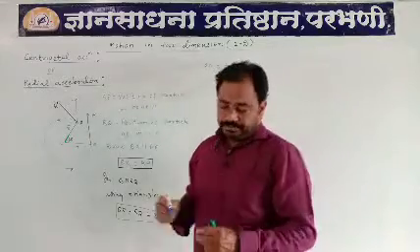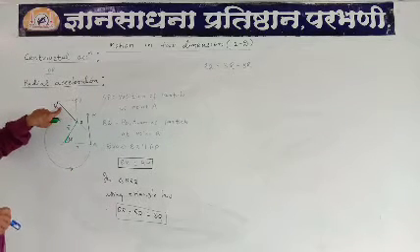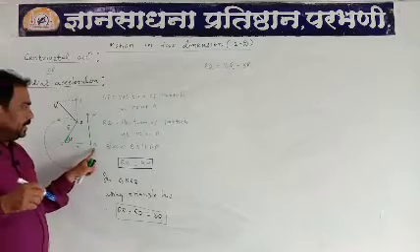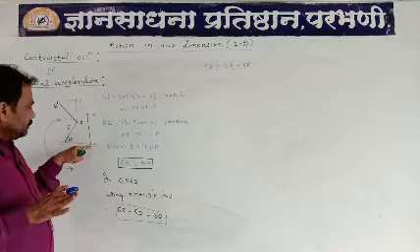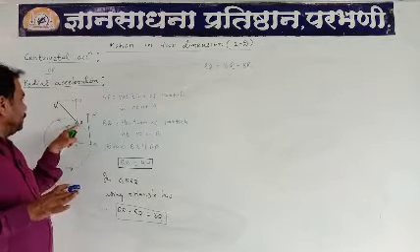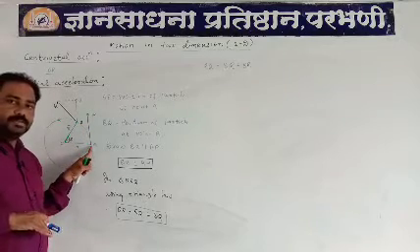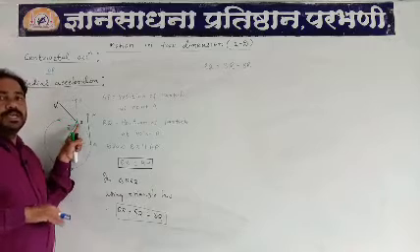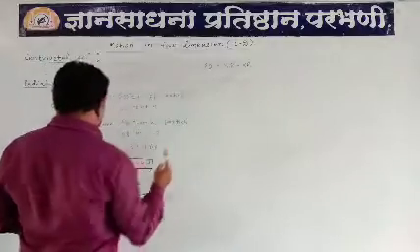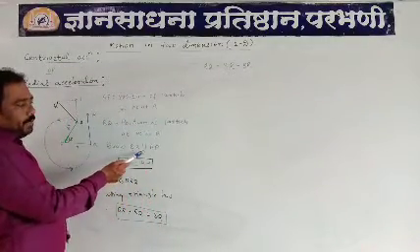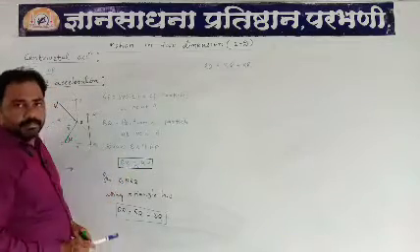What is BQ? BQ is the final position of the particle. When the particle is at point A, AP stands for the initial position. And when the particle goes from A to B, BQ stands for the position of the particle at point B. So this one is the initial position and this one is the final position. BR is parallel to AP, meaning the magnitude of BR is exactly equal to the magnitude of AP.